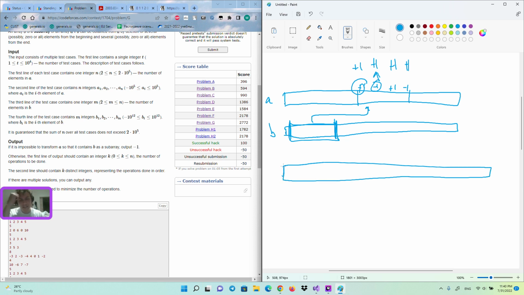Can we do it like Knuth-Morris-Pratt? No, we cannot do it like Knuth-Morris-Pratt because these plus ones can collect.